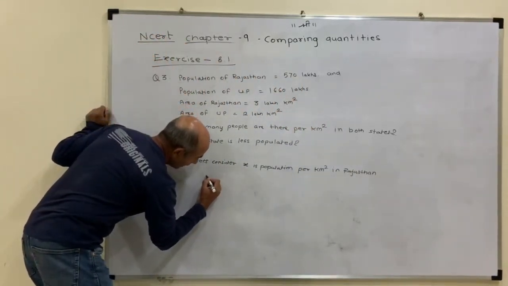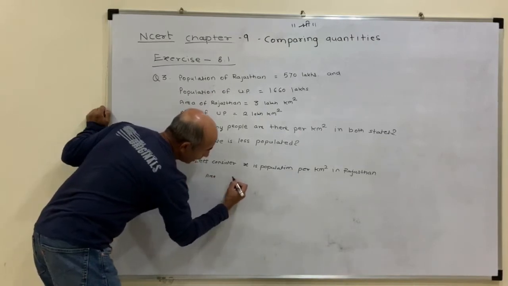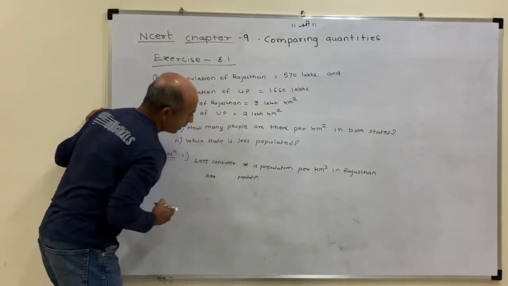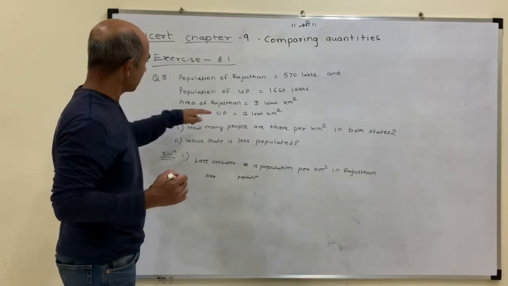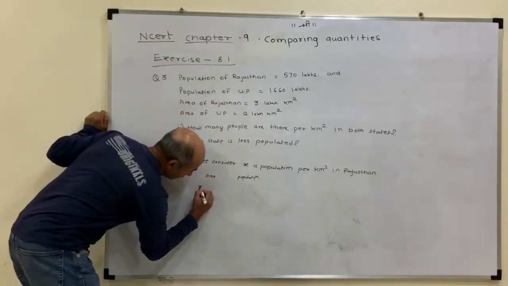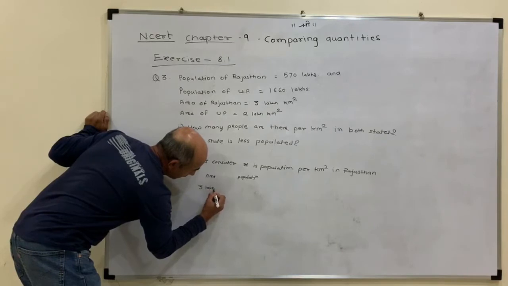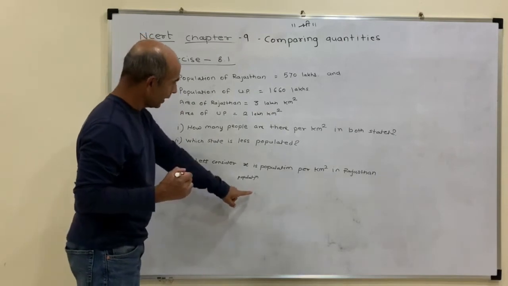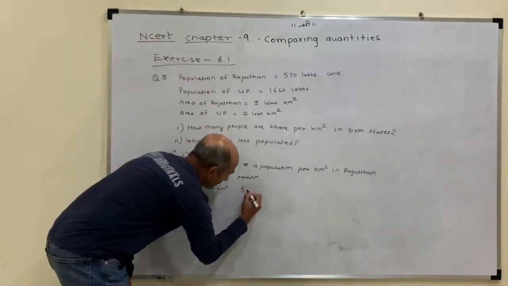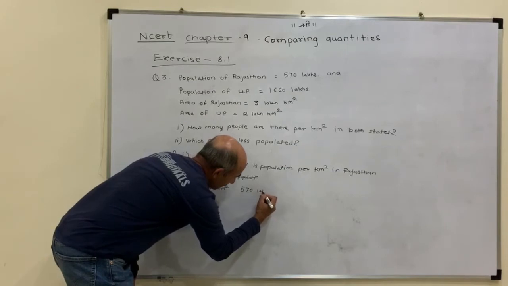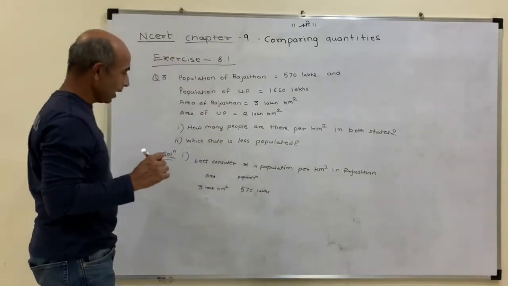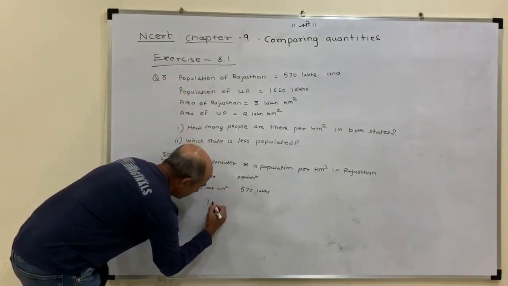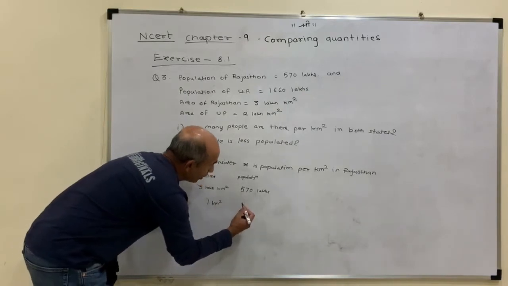This is area and this is population. The area of Rajasthan is 3 lakh kilometers square. And here population is 570 lakhs. I am finding 1 kilometer square. So X is the population for 1 kilometer square.